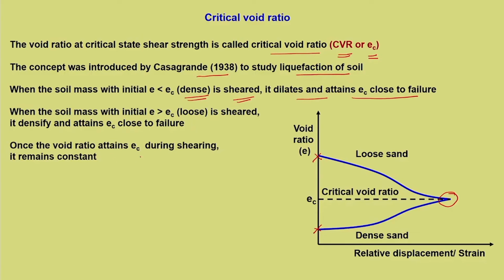Once the void ratio attains EC during shearing, it remains constant. So, for all practical purpose, critical void ratio remains constant once it reaches that particular state. EC may not be achieved for the entire soil, but it may be for the shearing zone, which means the entire soil may not reach the state of EC. Basically, where the failure zone initiates, that particular zone EC will be achieved.